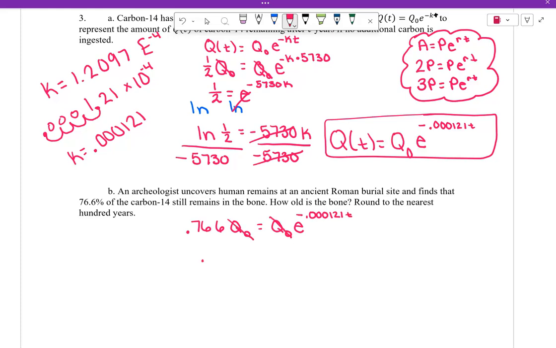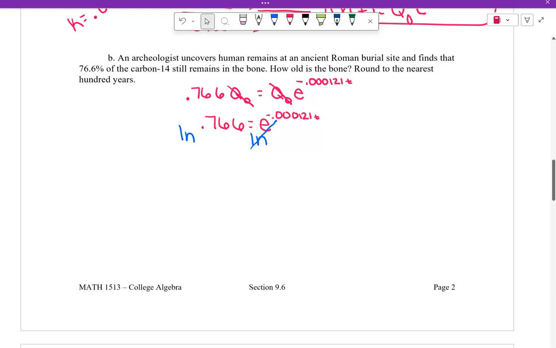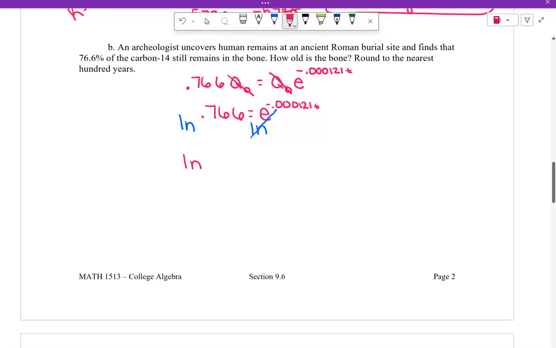So we cancel those out. We're just going to solve it that same exact way. And also kind of like what I talked about in class, you were going to see this over and over. So we're going to have natural log of 0.766 equals negative 0.000121 times t. And then we are going to divide by that.